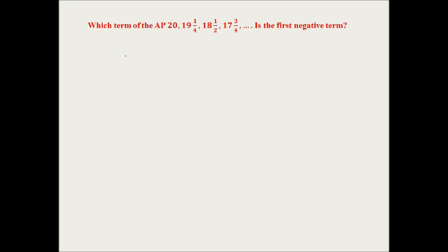Here the given AP is 20, 19 1/4, 18 1/2, 17 3/4, etc. The first term a is equal to 20. Now we need to find d. d is equal to 19 1/4 minus 20.